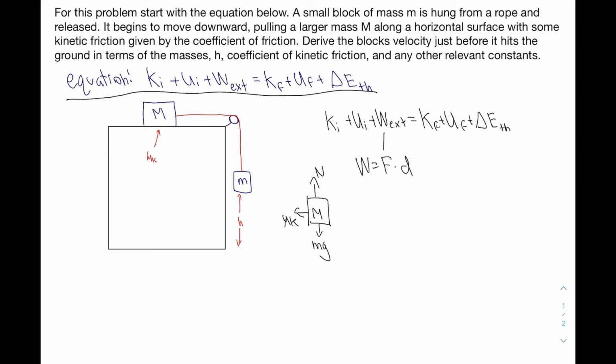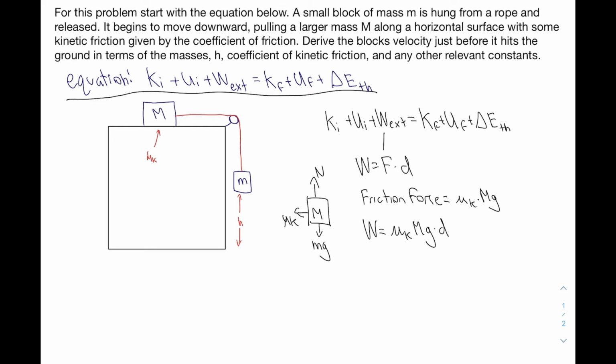So we know that the friction force is equal to the coefficient of friction times Mg. And then we can multiply that by distance. It'll be capital M. That's going to be the work.